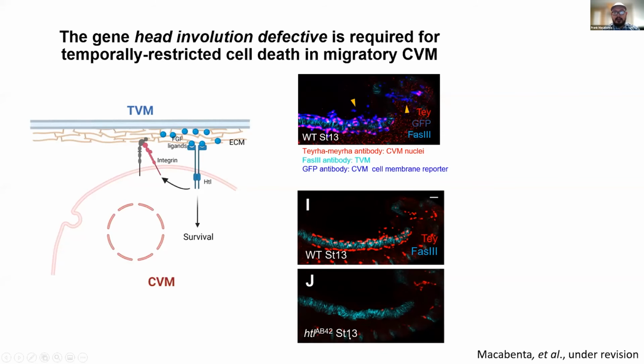So if you compare the wild type versus heartless images below, the Tin signal is almost largely absent in the heartless FGF receptor mutant.